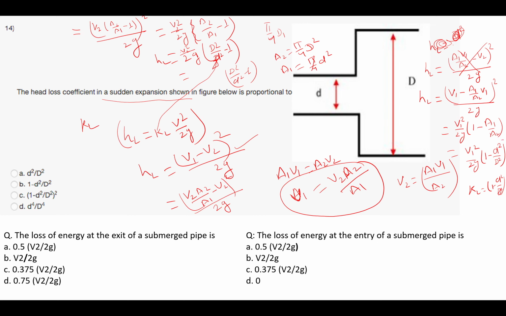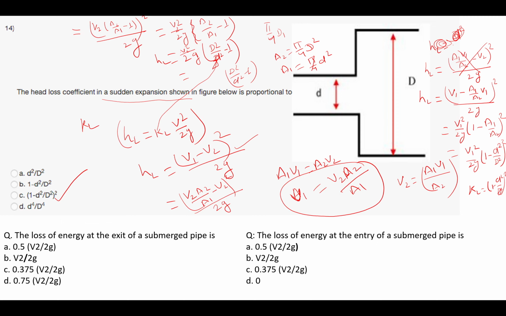Definitely this will be the whole square. So option C is correct. With this kind of approach you can solve it.